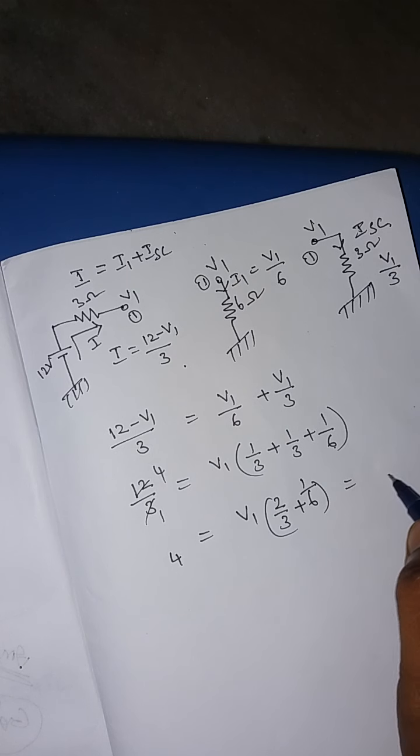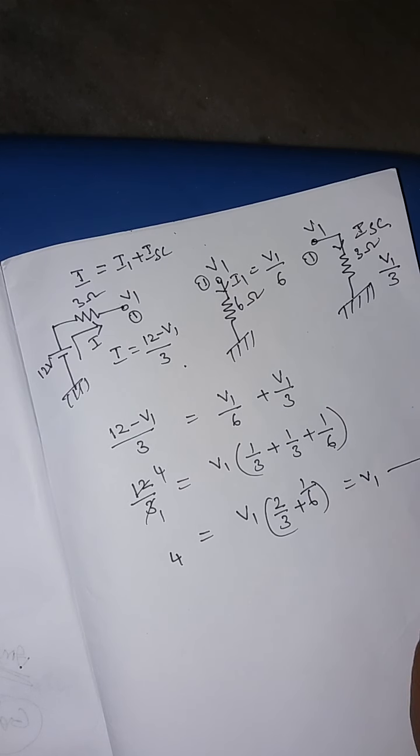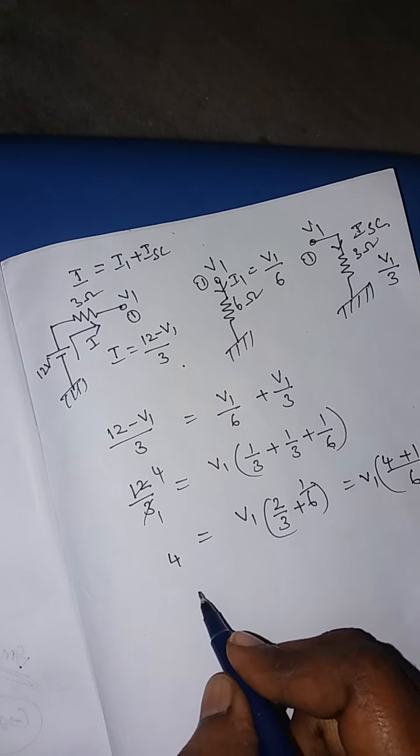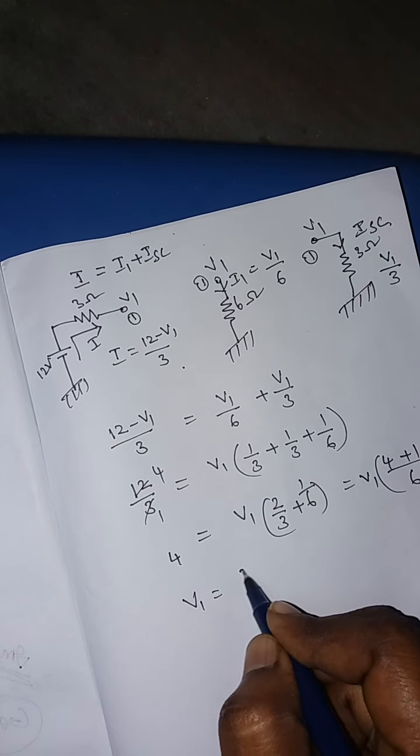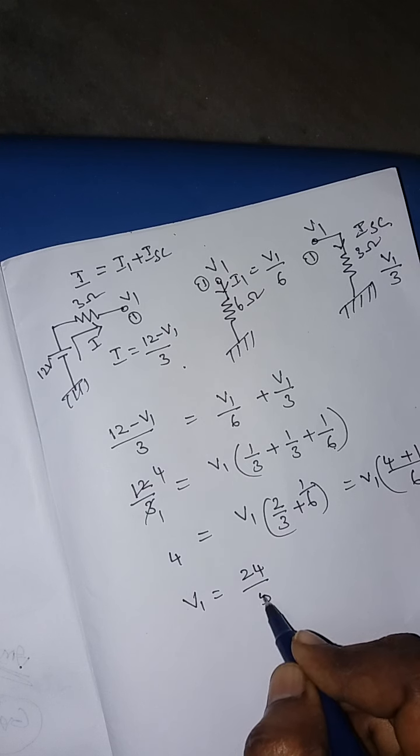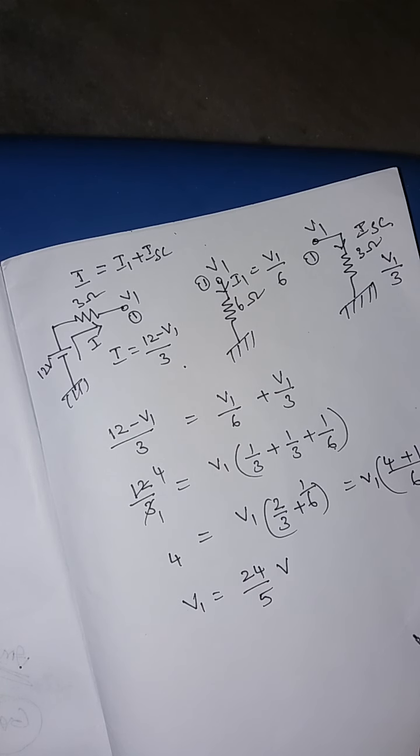If you take the LCM, 6, and here 2 into 2 is 4, plus 1. Therefore V1 is equal to 24/5 volts.